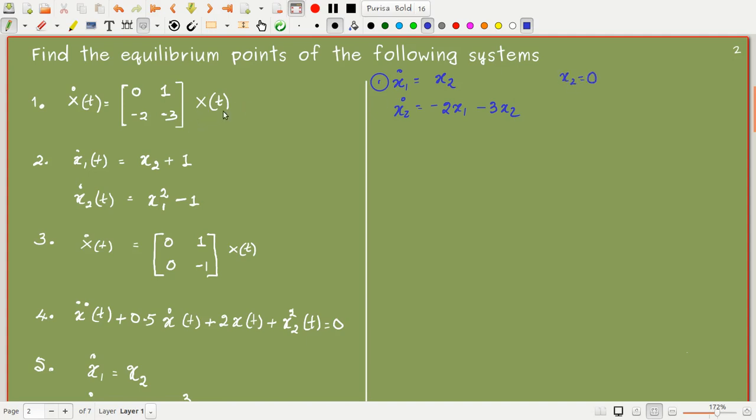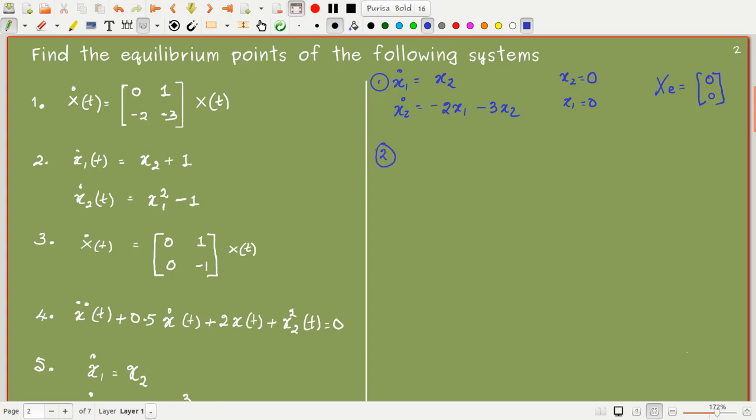This is in fact a linear system, and we know the determinant of this matrix is not equal to 0. There should be only one equilibrium point, and that should be the 0 0 point. Anyway, we will compute that also. When x2 equals 0, x1 will also be equal to 0. So the equilibrium point is xc equal to 0, 0. So we'll go to the second case.